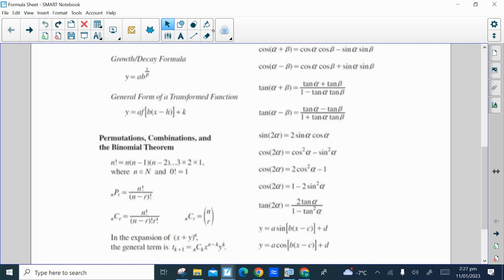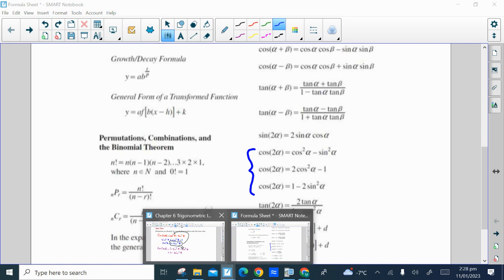You've got all three identities for cosine 2A. There's only one for sine 2A, only one for tan 2A, but there are three different variations of cos 2A. And I've just shown you where they come from. They come from that Pythagorean identity.